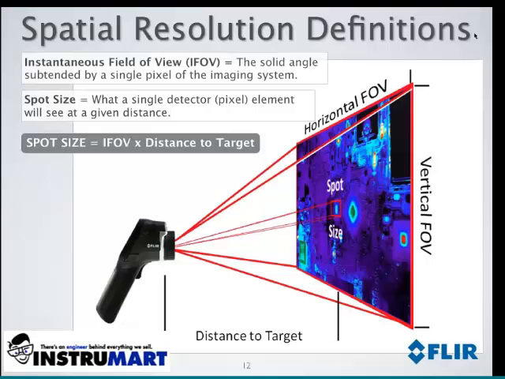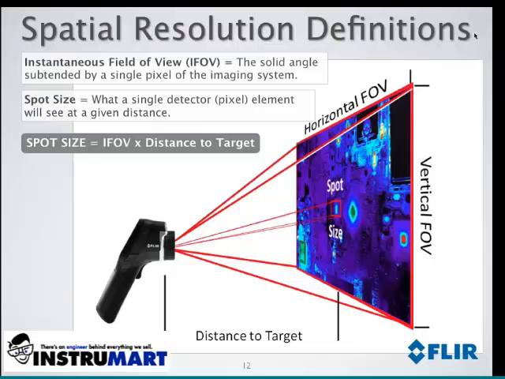And this will make sense as we get into some of the calculations that are coming up shortly. The spot size is the more important parameter to understand. The spot size is defined as what a single detector or pixel element will see at a given distance. And there's a very simple formula that we can utilize to determine the spot size.